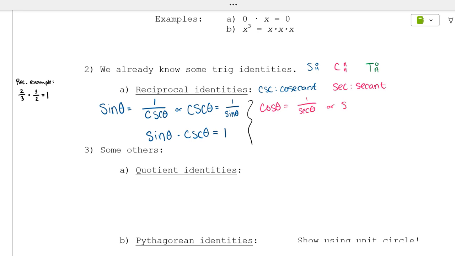So I can write cosine of theta equals 1 over secant theta, or secant theta equals 1 over cosine of theta. And just like the sine times cosecant was 1, cosine of theta times secant of theta is also equal to 1.